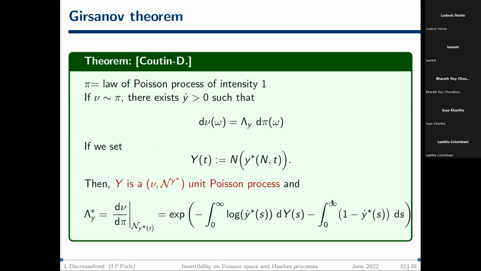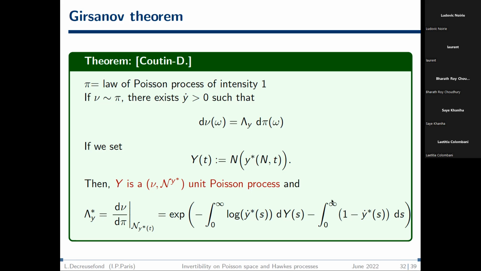You take nu, which is equivalent to pi. Then you know by Jacod and Brémaud that there exists a strictly positive intensity such that nu is absolutely continuous with respect to pi, and the density is lambda of Y. If you set Y_t equal to N of Y star of N_t, then you can prove that under the new probability nu, under the filtration N Y star, it is a unit Poisson process.